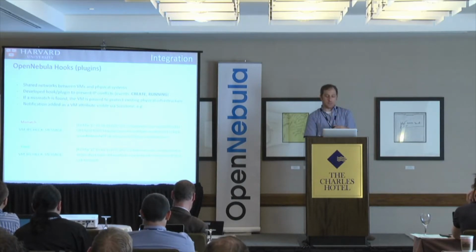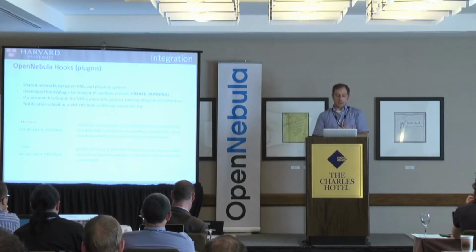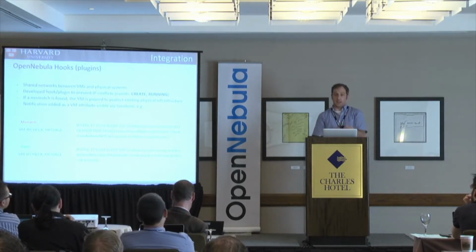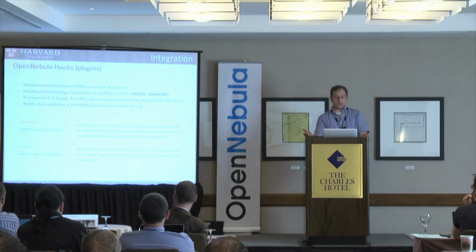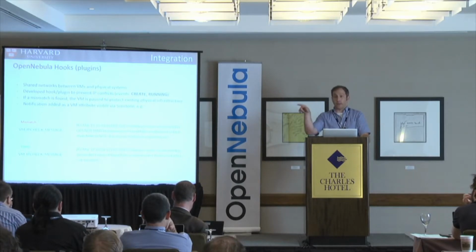So what happens is we do a reverse DNS check on the VM name and make sure that the IP matches DNS if it has the same name, so that they don't clobber anything that exists on the existing infrastructure. If it happens to be a mismatch, then you get an error message that we update the VM instance attributes so that on Sunstone you can see why your VM was suspended.